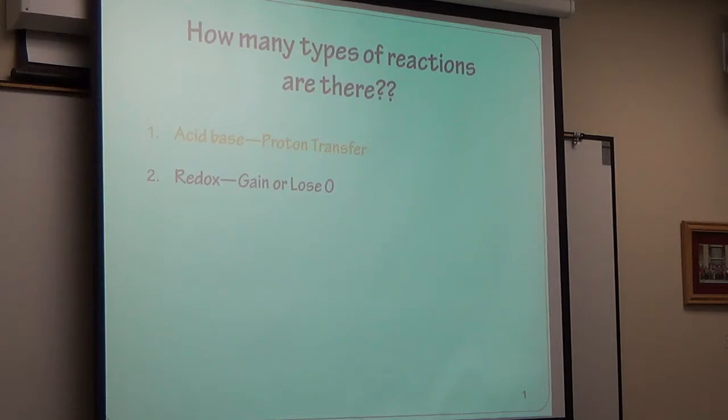Okay, the next type is redox. These are reduction-oxidation reactions, which has to do in organic chemistry with a gain or loss of oxygen. So if you gain oxygen, that's oxidation. If you lose oxygen, that's reduction. Does that make sense? But keep in mind that also means when you gain the oxygen, you have to lose the hydrogen.